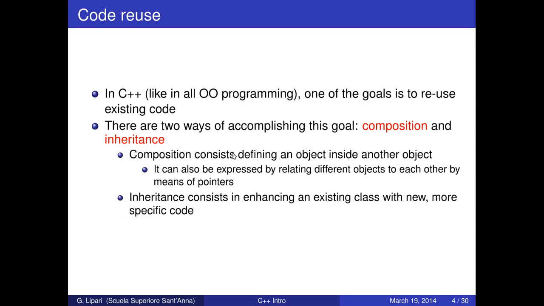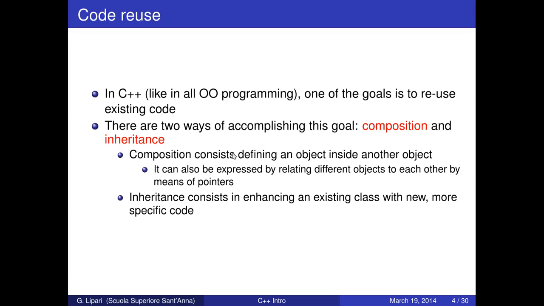Composition means that basically we define an object inside another object and we use it for some reason, or that one object invokes the services of another object by using some reference or some pointer. So composition is simply one object uses another object.